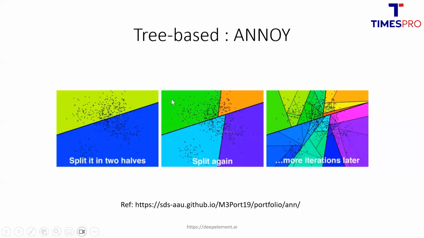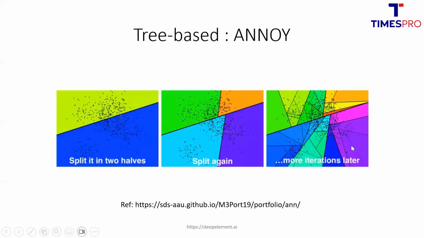You do that with all these nodes. You keep repeating it until your node has very few data points. What is the meaning of very few? It's a hyperparameter, decided by the user when you're building the actual search engine.